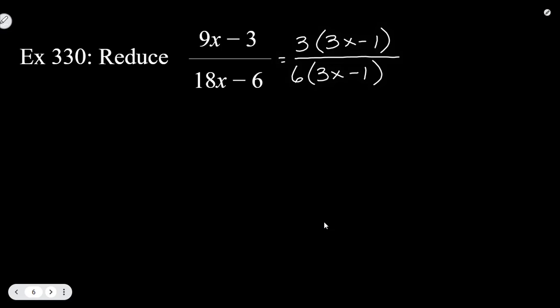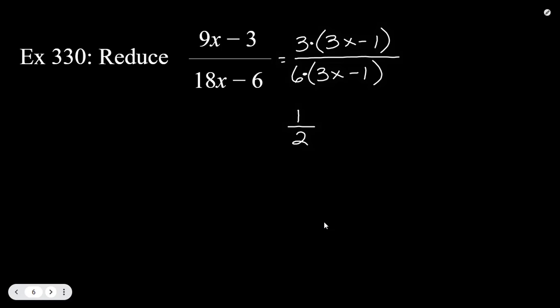And notice this time, 3 times 3x minus 1 and 6 times 3x minus 1. If you look at the numbers first, they can reduce because 3 goes into both of those. So you're going to end up with 1 on the top and 2 on the bottom when you divide 3 by 3 and 6 by 3.